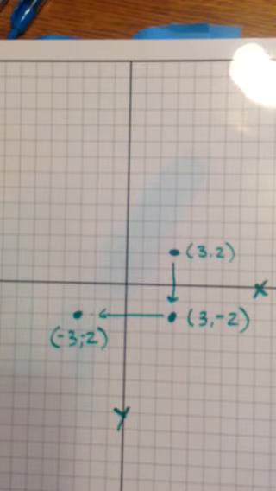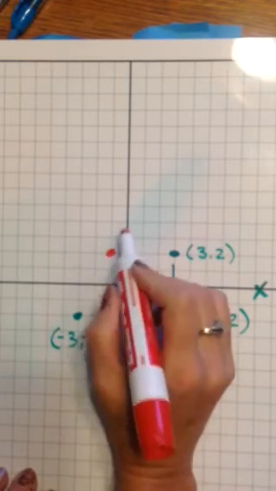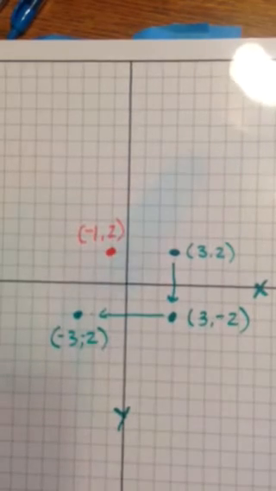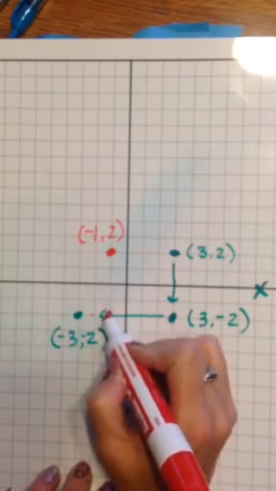The second point we had was negative 1, positive 2. Now, again, we're going to reflect over the x and then go over the y. So we need to go down and then across. So if I'm here, I'm going to come down 2 and put it there.